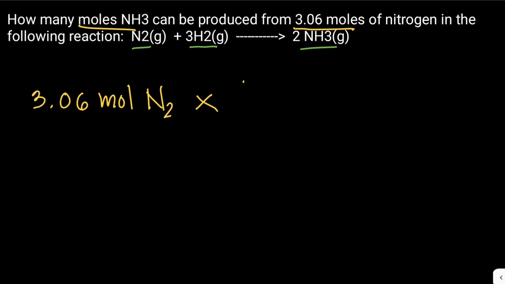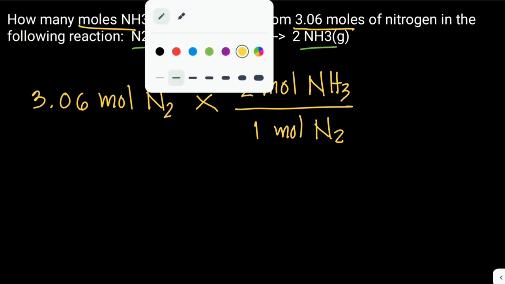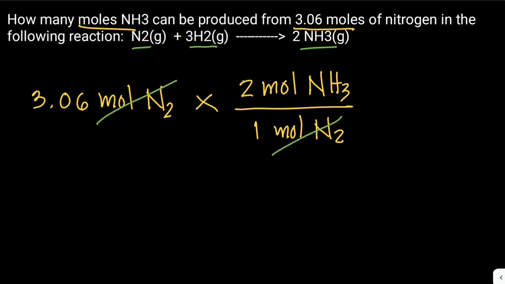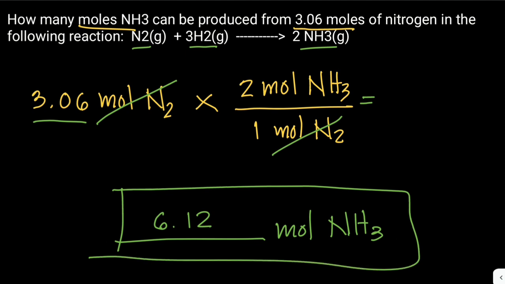So that would be 2 moles NH3 is to 1 mole nitrogen. And then the mole nitrogen here cancels out. Then we're left with moles ammonia, or NH3. So that would be 3.06 times 2, and we have 6.12 moles of NH3.